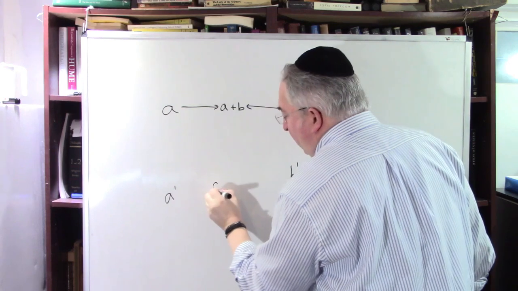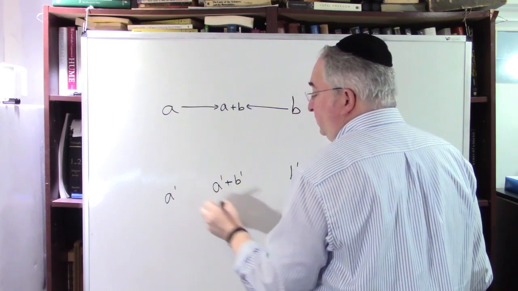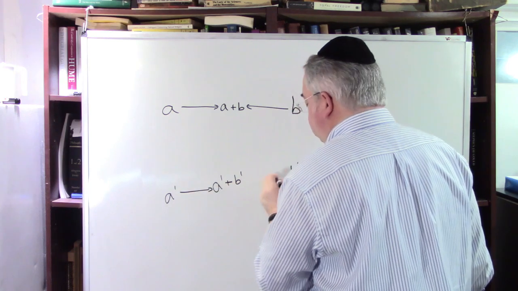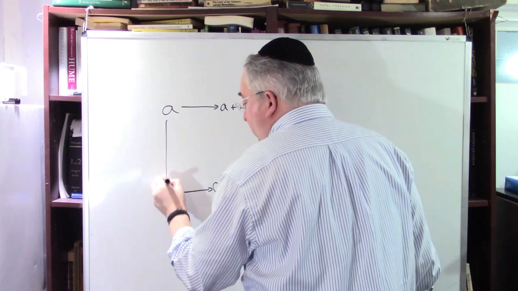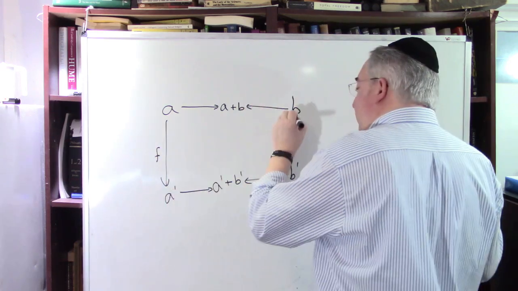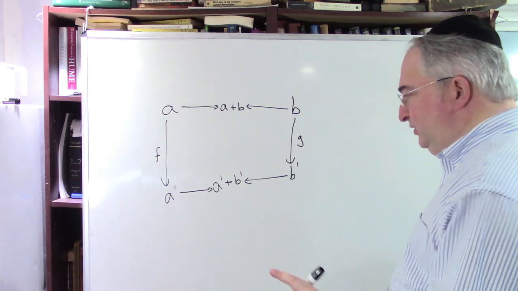Assuming the coproduct exists, you have an object like this and like this. Now, imagine you have a function f here, and a function g here. Let's go through this.